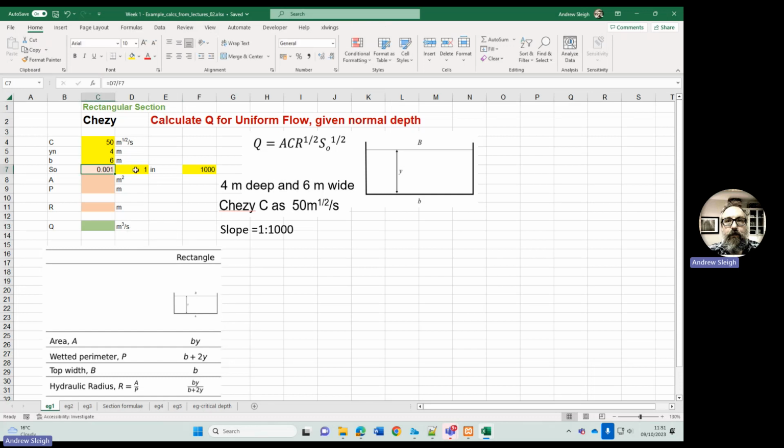So the first calculation is to calculate the slope, and I've done this here already. It's a 1 in 1,000, so 1 divided by 1,000. Okay, we need to calculate the area. Well, the area is just the bed width times the depth for a rectangular channel, so it's equal to B times the depth, and the depth we've been given is the normal depth, I've labelled it YN there. 24 meters squared.